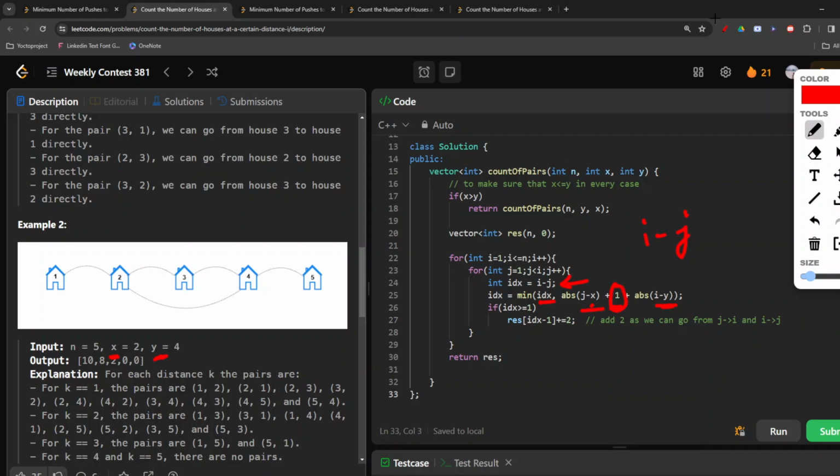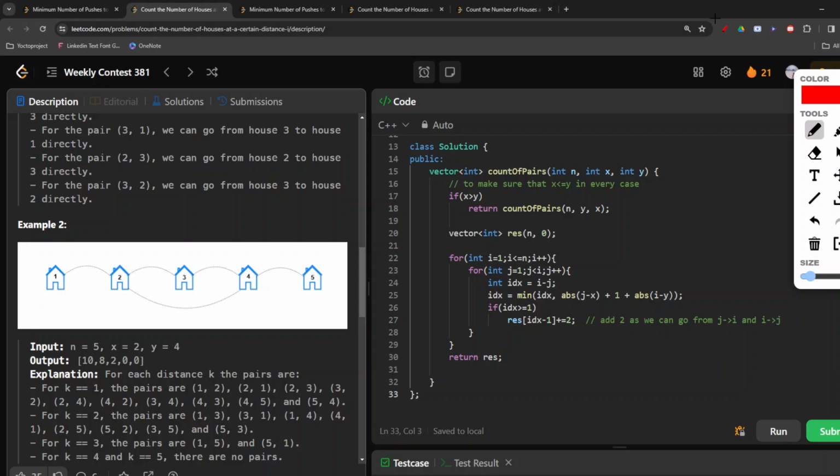So we are checking this value, or the one value that is i minus j, and out of both of these, the minimum value is what we will be storing in this particular index.